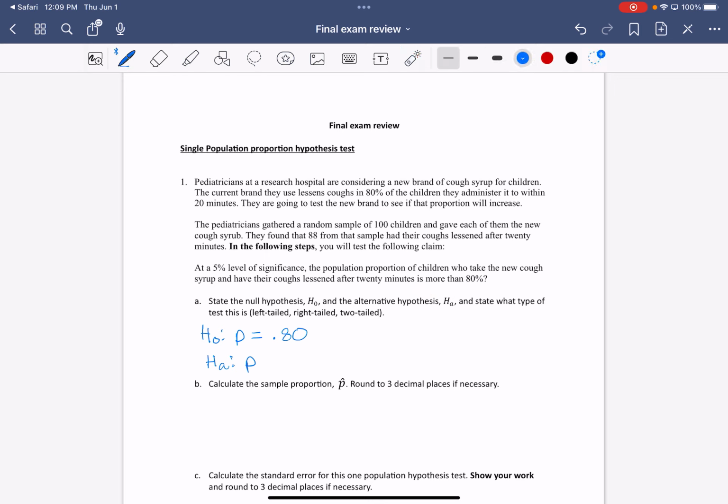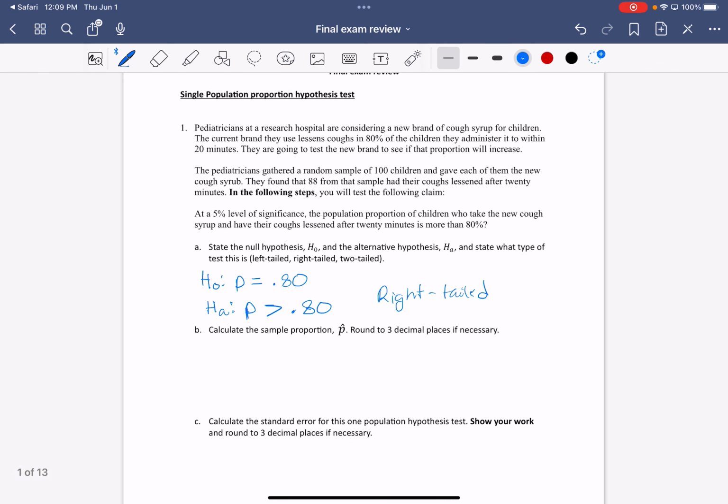Is that less than, greater than, or does not equal? Greater than. Oops, I just erased it. So greater than 80%. Is this a left-tailed, right-tailed, or two-tailed test? Right-tailed, because it's a greater than alternative hypothesis. Any questions so far?